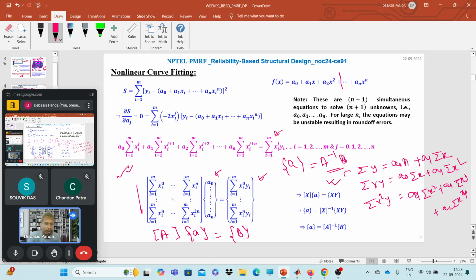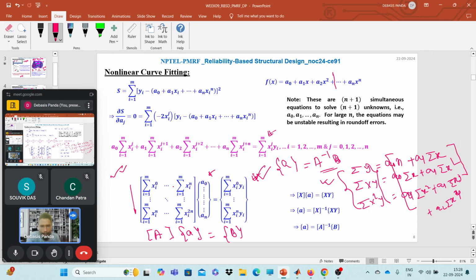Now this is nothing but your right hand side equations. Just look at this: summation of x to the power 0 into y for i equals 1. For i equals 2, you will have xy. For i equals 3, you will have x square y. And this is the left hand portion, the entire part. Like for the first a0 term, you will have x to the power 0, that means 1.